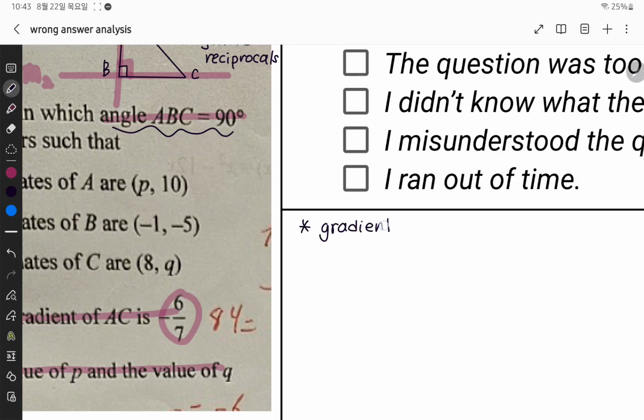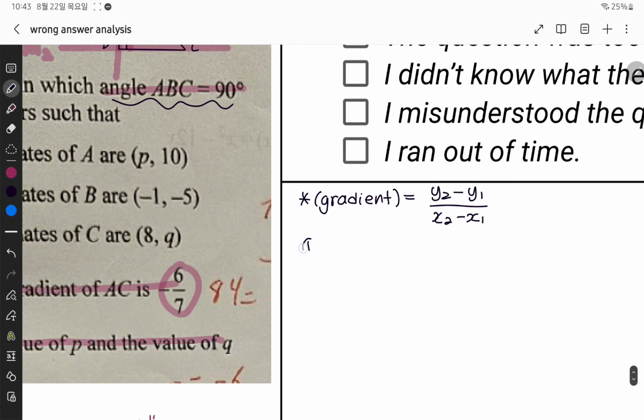We calculate the gradient by doing y2 minus y1 over x2 minus x1. So, first of all, I am going to calculate the slope of AB. Why do I calculate that?